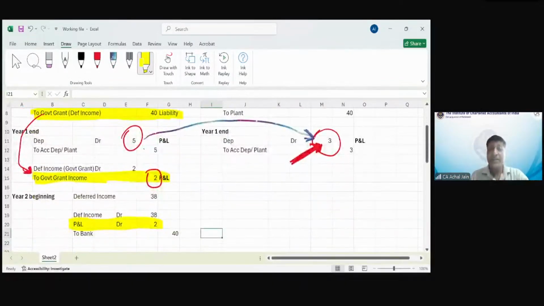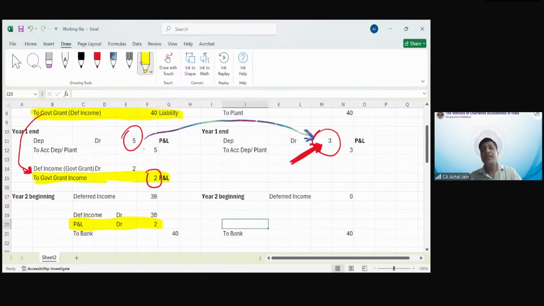Now, let's understand that in case entity was following net approach, was there any balance of deferred income? So in this case, when the government grant will be refunded, what will be the accounting entry? To bank, right? So it will be to bank 40. And what do you debit?